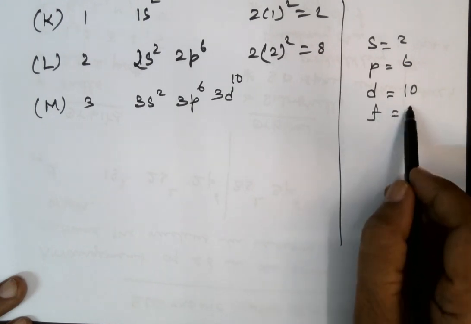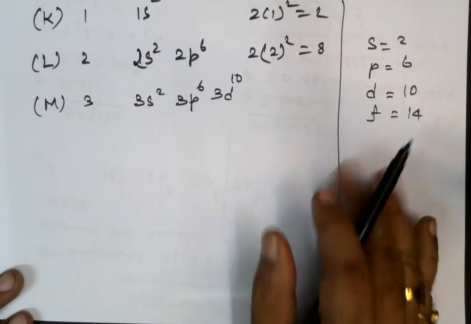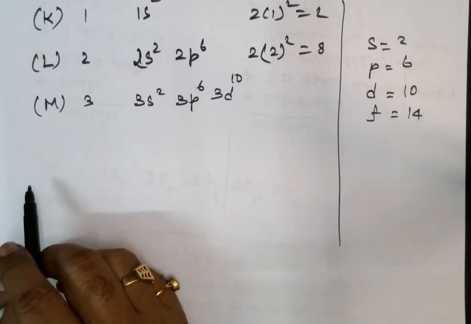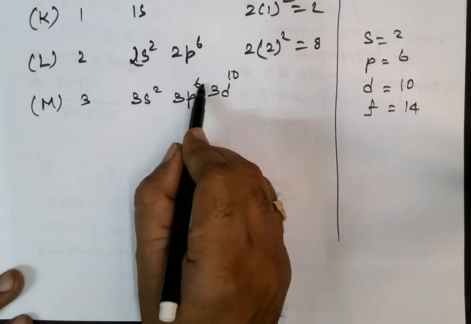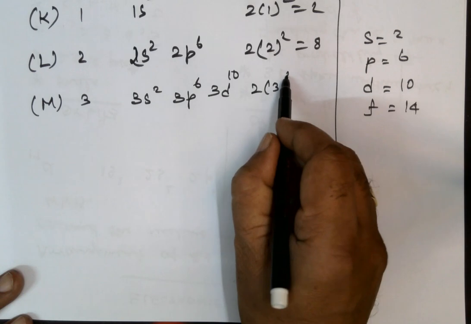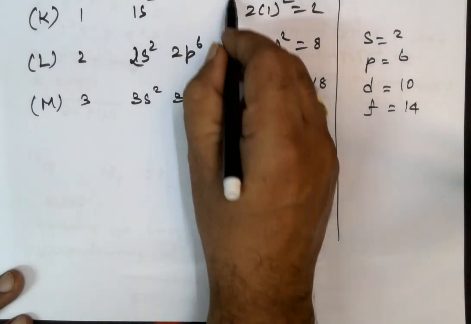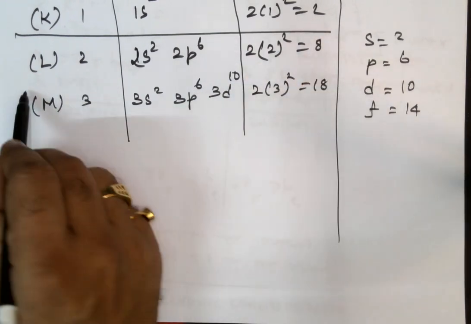F can have maximum 14 electrons. Now 2 plus 6, 8, plus 10, 18, that is 2 into 3 squared, that is also 18. Are you able to understand this? Clear?